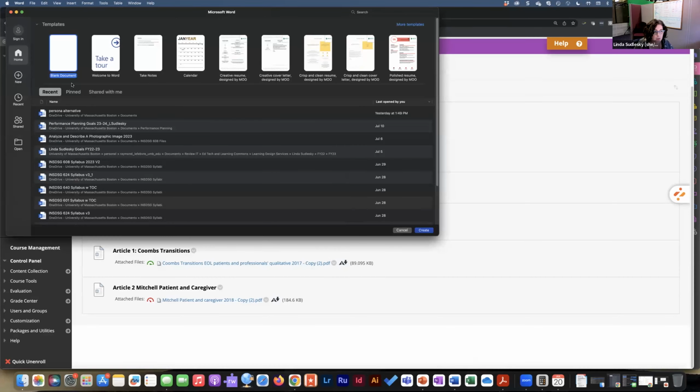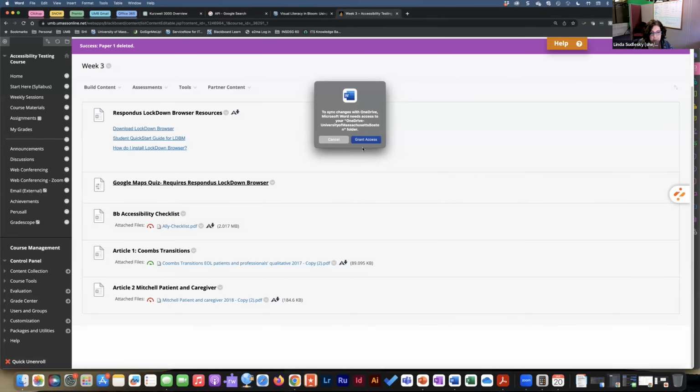Actually, I will show you a Word document first. So for example, I'm going to open this persona alternative, and it's a chart that I had made. It's not giving me access.